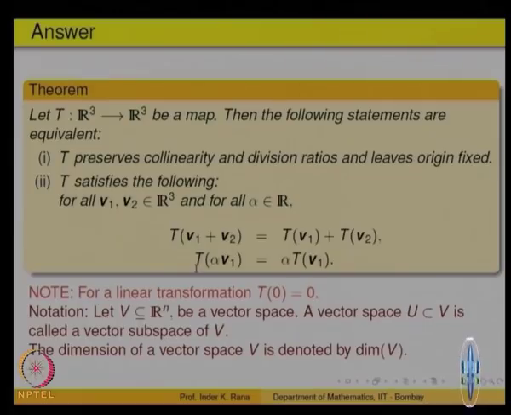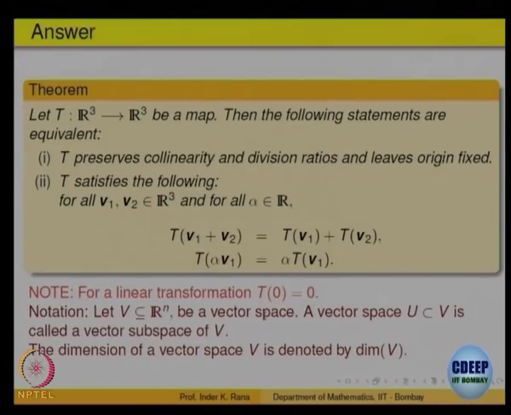So, we will note one thing important, that because T of alpha v1 is equal to alpha T v1 for all alpha, if I take alpha equal to 0, what does it give you? T of 0 is equal to 0. So, such maps will leave origin fixed, right. So, that is a consequence of this property, origin is fixed, T of 0 is 0, right.